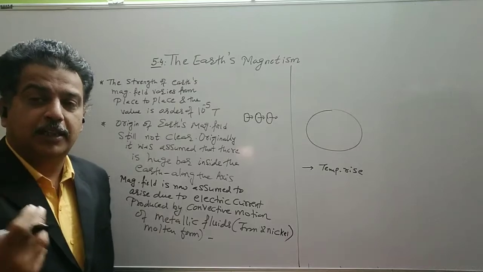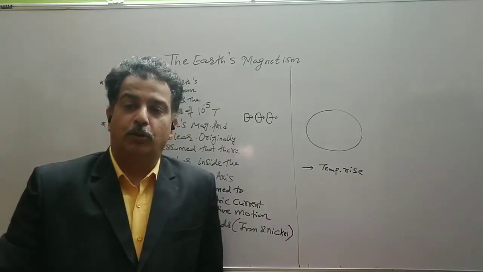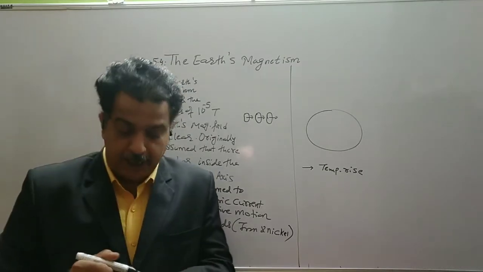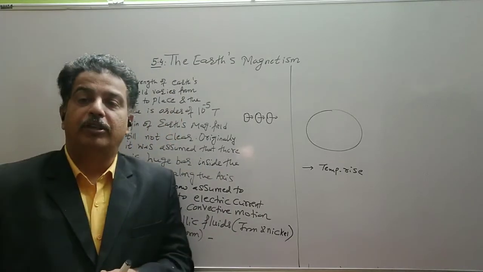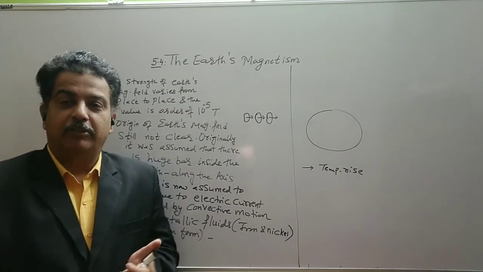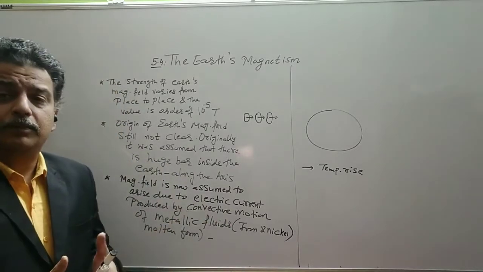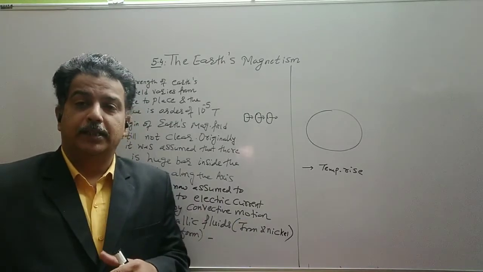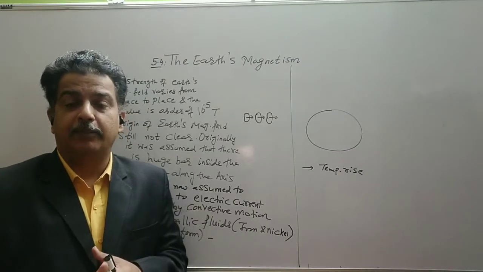We know that everything is made up of atoms or molecules, so they do possess this magnetic dipole moment, as we have seen taking the example of a hydrogen atom where we derived the orbital magnetic moment. Each atom behaves like a magnet, and according to Ampere, the circulatory current is responsible for the magnetic property.